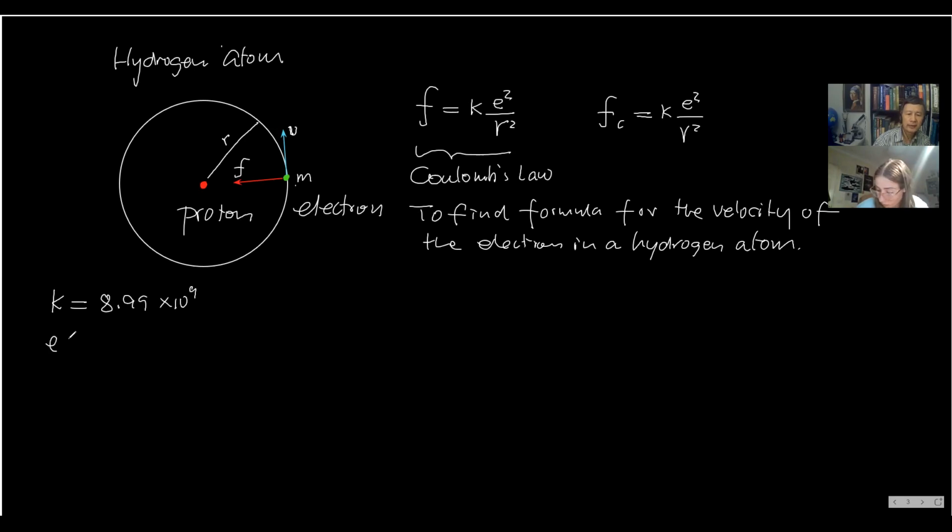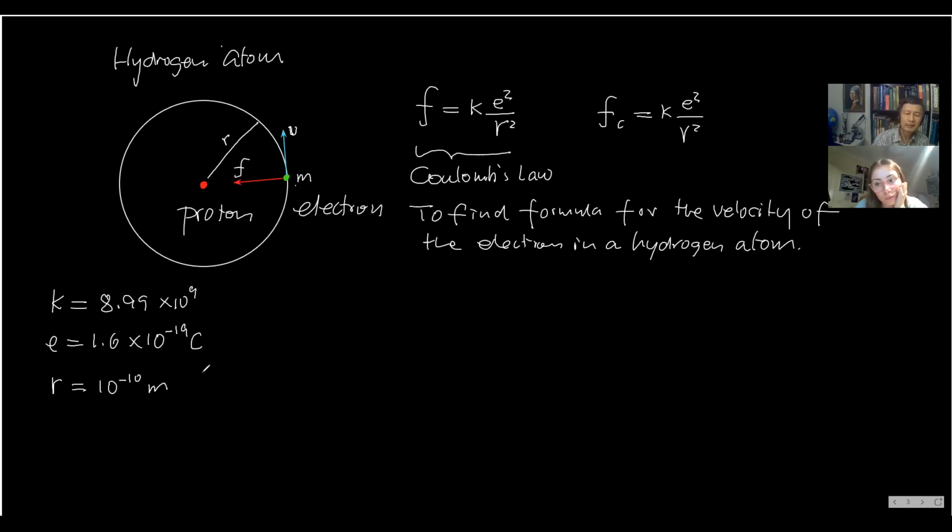The charge of the electron is 1.6 multiplied by 10 to the power negative 19 coulombs. R, the radius of the hydrogen atom, is very close to 10 to the power negative 10 meters. Anything else we need to know?